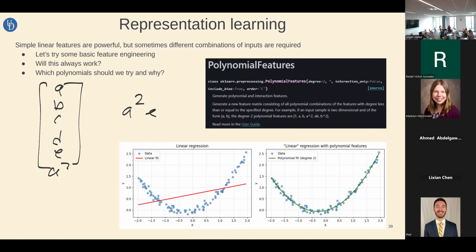If we explicitly added the squared feature there, again, we had to do that beforehand, but now we could use a linear model to do a linear combination of A squared and E. There's a function in scikit-learn called polynomial features, which essentially adds to our feature vector. Maybe that's MNIST, maybe that's our card data set, but it will add every quadratic combination of the inputs. It just multiplies them all together, but also you could have higher degrees, so you can move to cubics and so on.